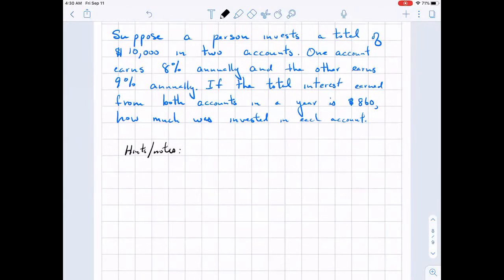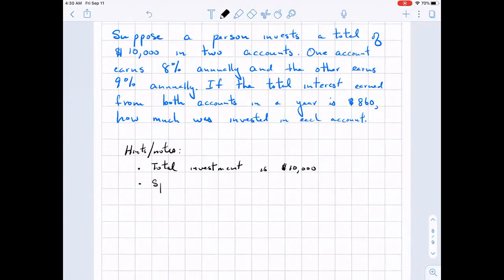After reading, you will notice that the total investment is $10,000. You will notice that we have two accounts.